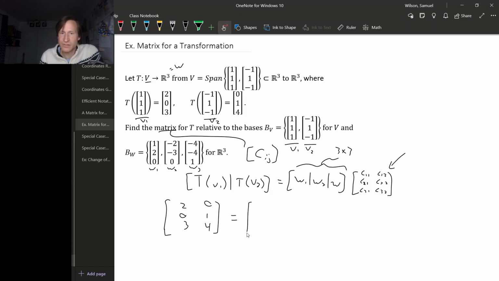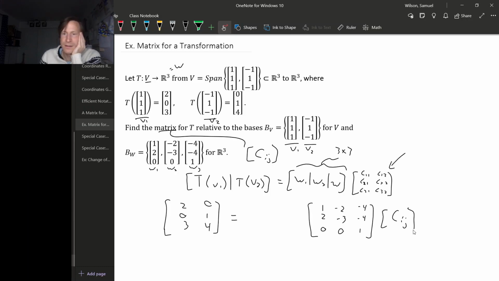All right. So now our matrix of W's, actually let me leave some space here for the inverse. So our matrix of W's is 1, 2, 0, minus 2, minus 3, 0, minus 4, 1. And then Cij.